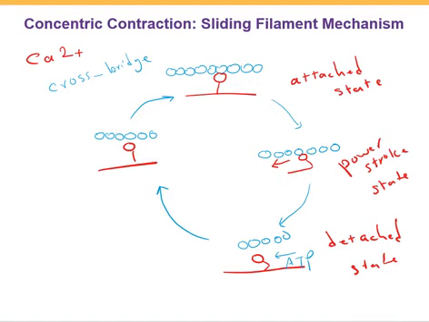Then the ATP binds to the myosin and says, hey, let's get a little bit relaxed, and then it gets more energy, gets back to the original position, and then it can bind to another actin molecule. That is the cross bridge cycle or sliding filament mechanism.